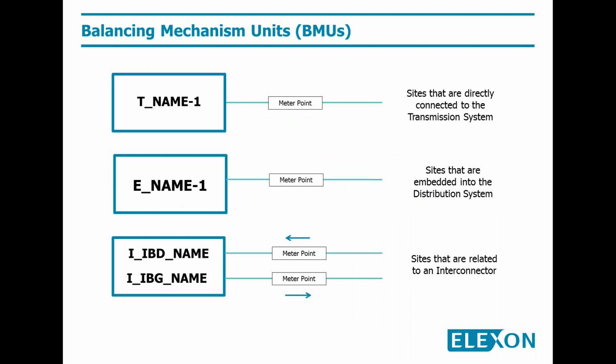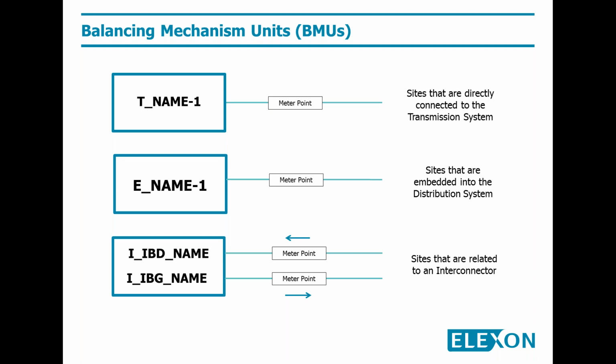Now, just to explain what balancing mechanism units, or BMUs, are. These are the granularity in which ELEXON receive data. They have certain characters at the beginning of their BMU IDs to make it easier for us and other parties to recognize what sort of BMUs they are.